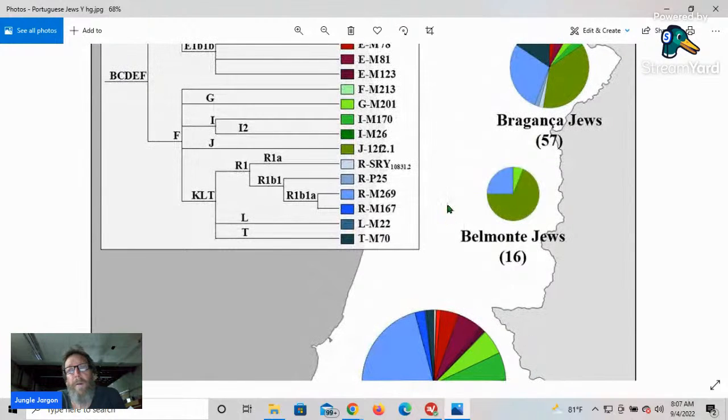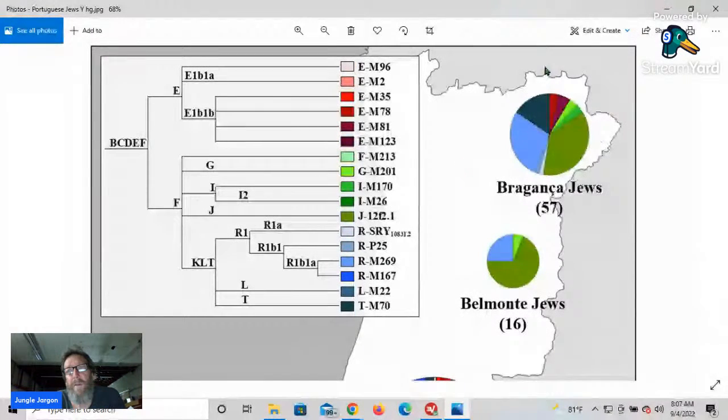But of course, even in this case, which is the largest percentage I've ever seen of the T Y chromosome in the Jewish population, in the Bragança Jews, still the J2 is a larger percentage. The J is still a larger percentage of the Jewish population. So a full third of the population of the Bragança Jews is the J Y chromosome. And of course, then there's the I as well.